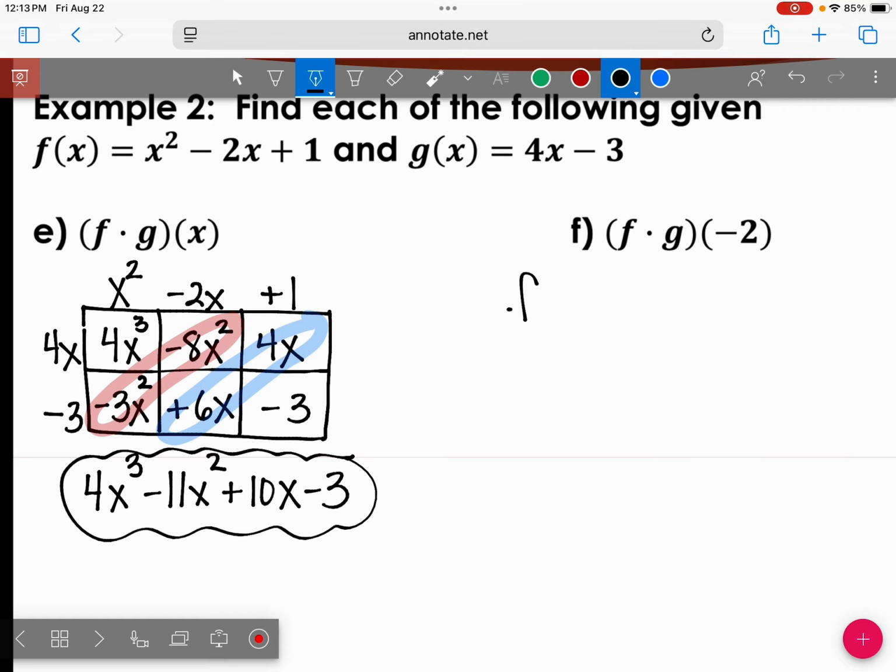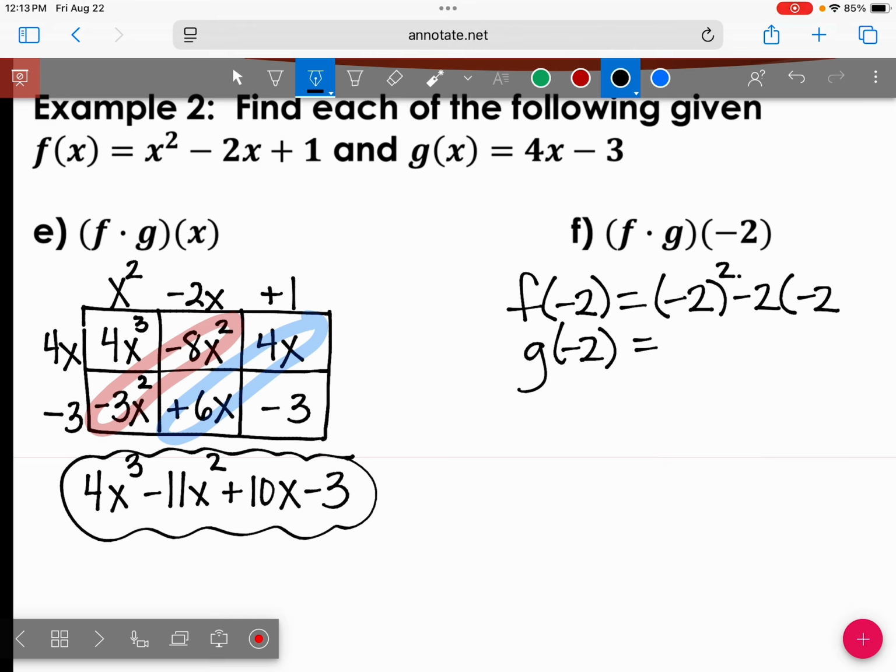So what I'm going to do instead is find F of negative 2, and then G of negative 2, and multiply those two numbers together. Make sure you're putting your negative in parentheses.